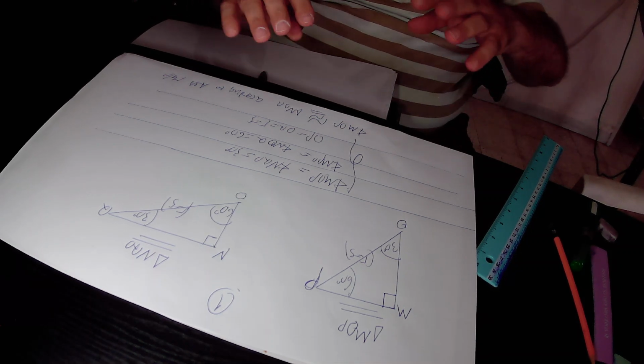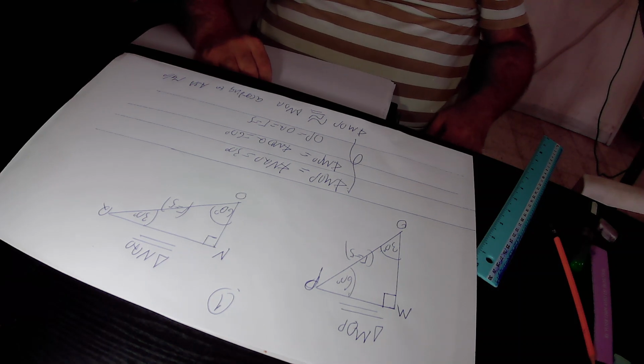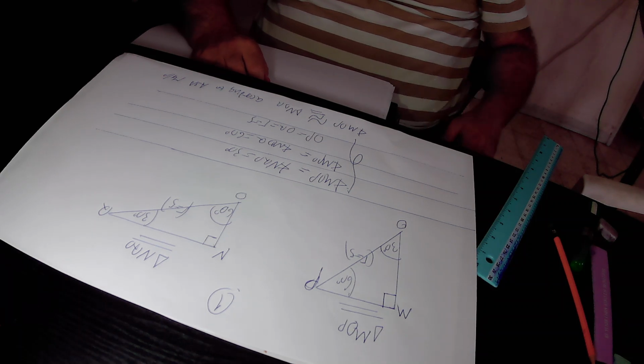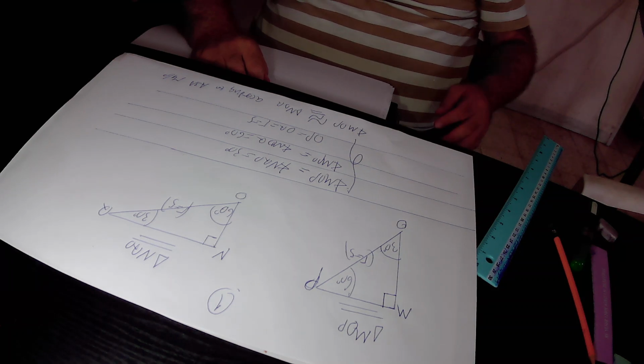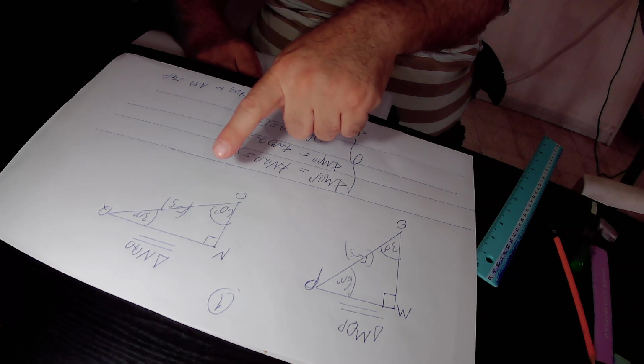And from the fact that those two right triangles are congruent to each other, we derive that they also have the same areas. Why? Because any two congruent right triangles must also have the same areas. That is to say, the area of the right triangle MOP equals the area of the right triangle NQO.